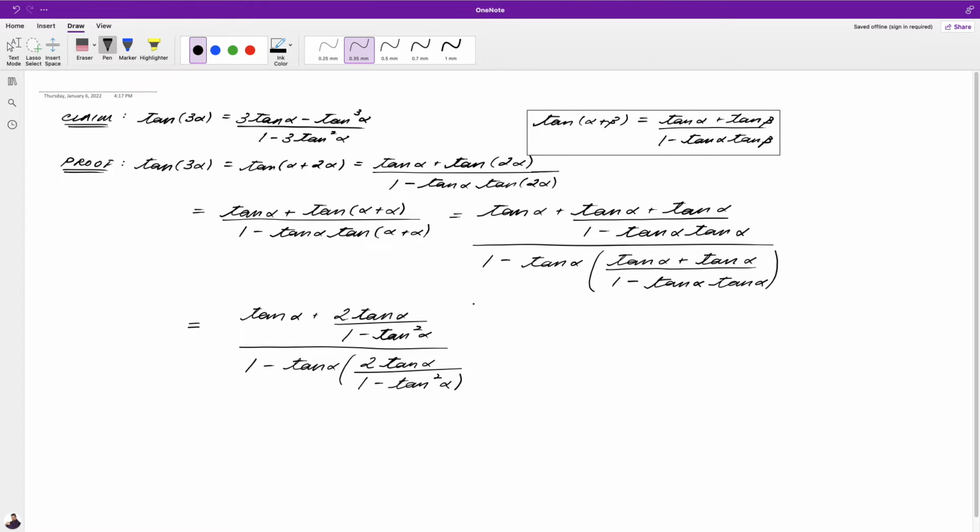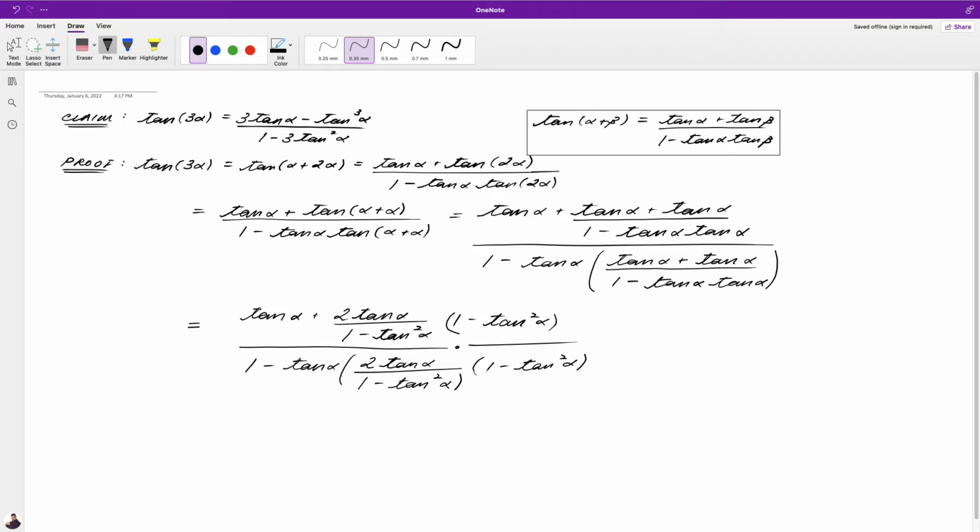So as promised, we're going to multiply the top by 1 minus tangent squared alpha, and we're going to multiply the bottom by the same thing, 1 minus tangent squared alpha. In so doing, we're going to see that these 1 minus tangent squared alpha values are going to cancel out.